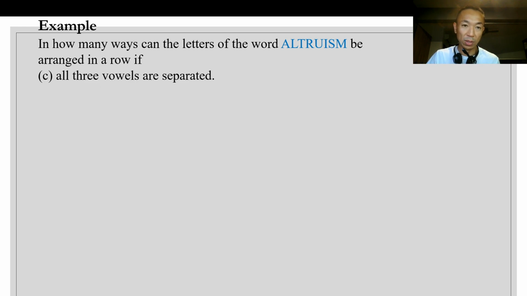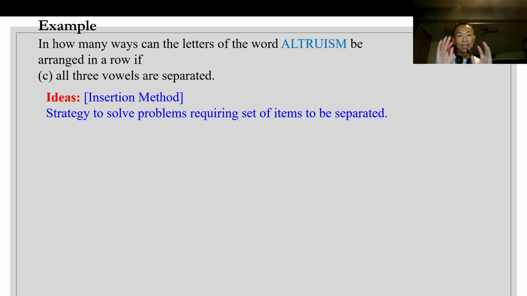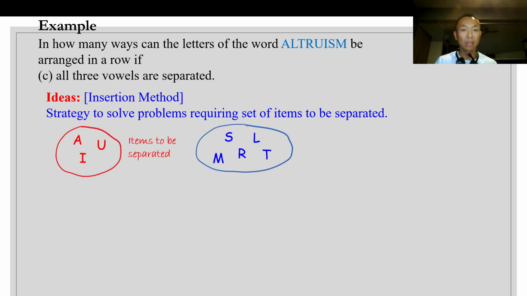Then how do we do it? So the idea is what we call an insertion method. This is a very useful method when you want to separate items. Let me illustrate. First, we will arrange the objects that are, in this case, since you want to separate the vowels, you arrange the other objects first.